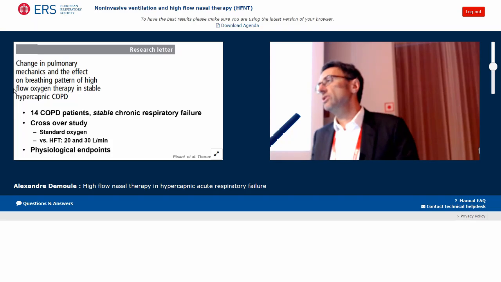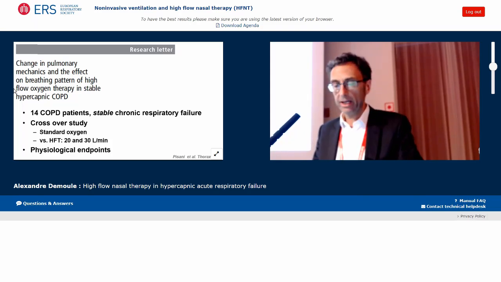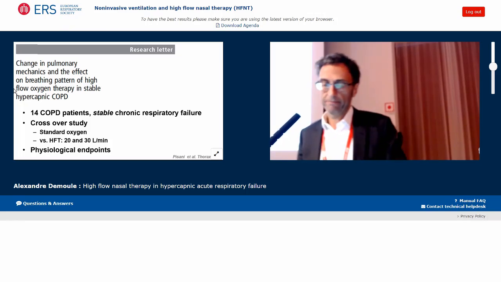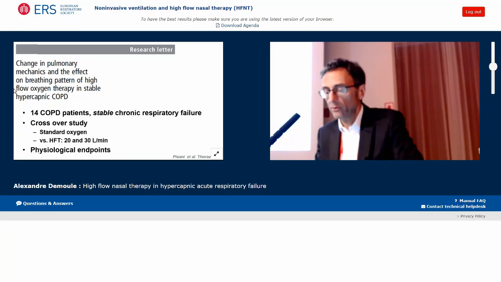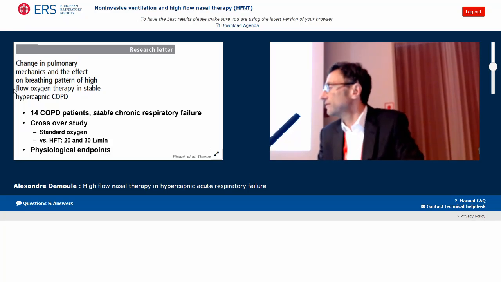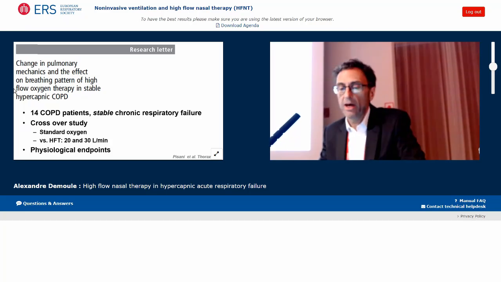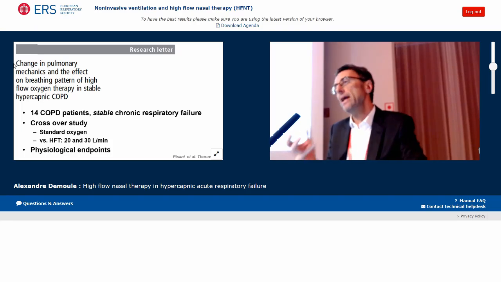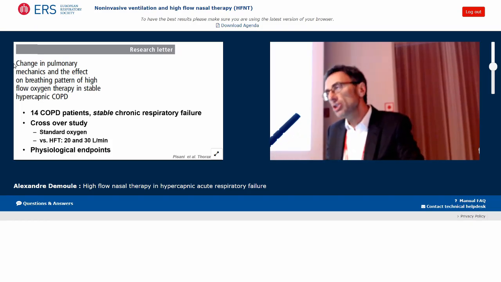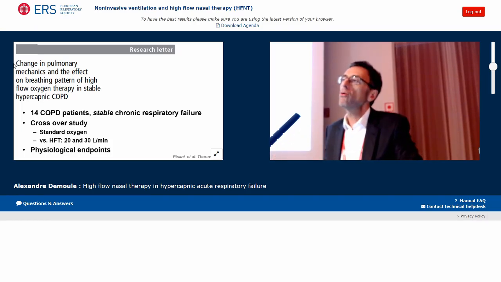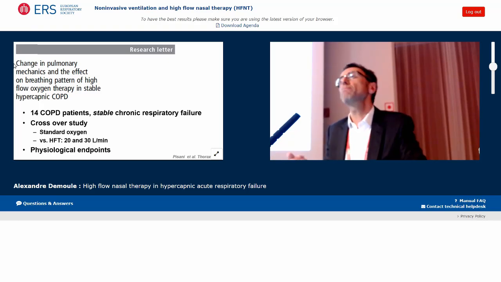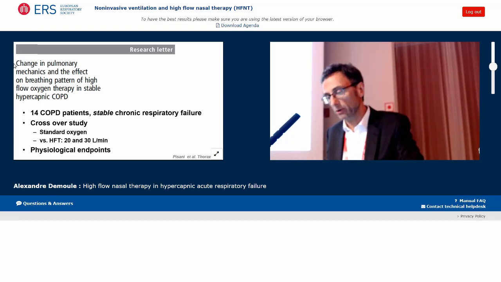There's very few data in the literature, and most of them are coming from one team and collaborators, Stefano Nava's team and Rapisani. This is probably, I would say, the best study in terms of explaining the physiology of how high flow could improve COPD patients.